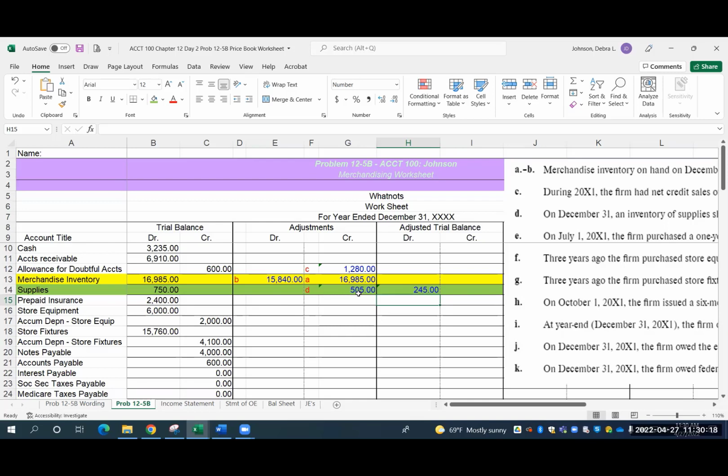Good news is, if you felt comfortable with the worksheet in Chapter 5, you should feel comfortable with the mechanics of the worksheet now. The bad news is, if you struggled and you just couldn't get that thing to balance and it was like pulling hair out of your head, you're going to struggle with the same thing because the mechanics are still the same. The accounting's gotten harder because we've learned a whole lot more than we did in Chapter 5.